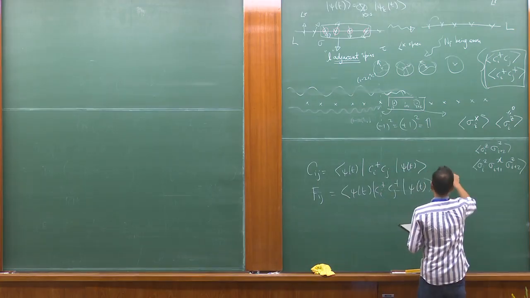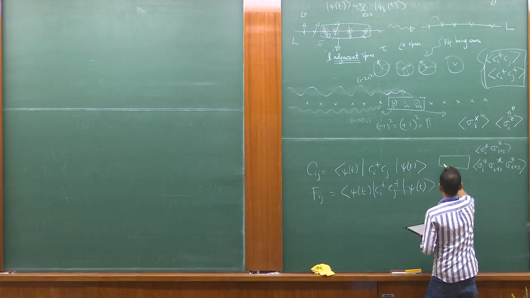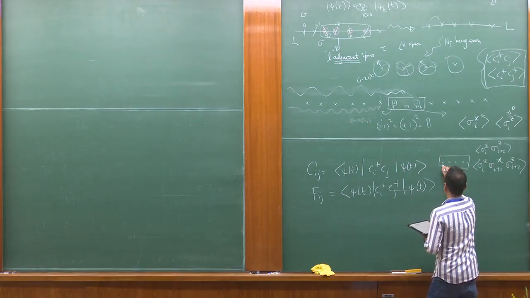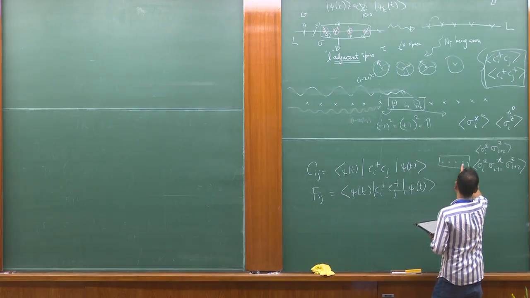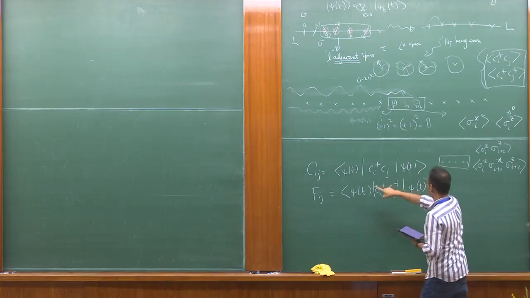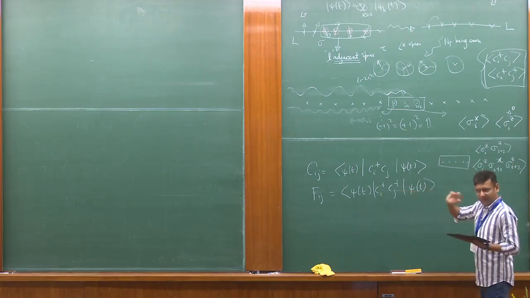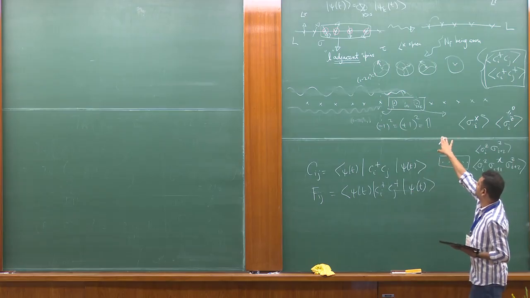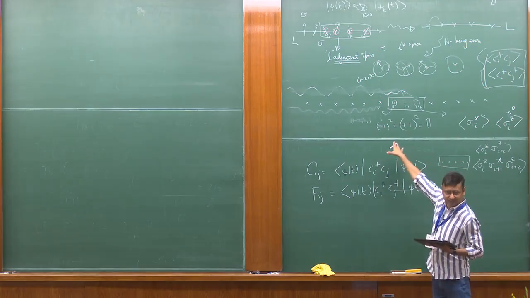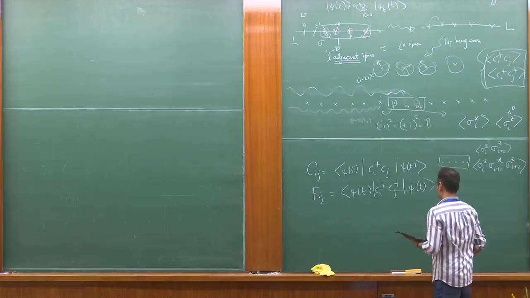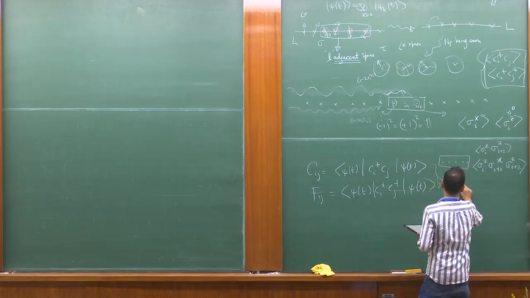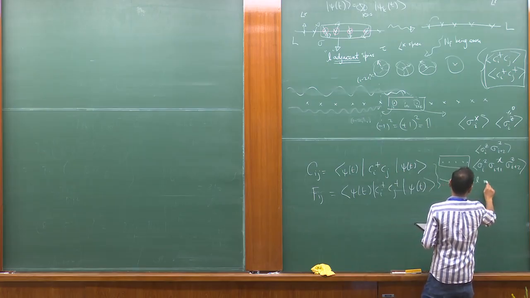Please note that these i's and j's are completely inside the subsystem that you have taken of L adjacent sites. So this I can be this guy, this guy, this guy, this guy, or this guy. This J can also be any of these guys. So these are completely inside the subsystem. That's the advantage of taking adjacent spins, so that the Jordan-Wigner strings cancel out outside the subsystem. Okay, so all of you agree that these are two L cross L matrices.